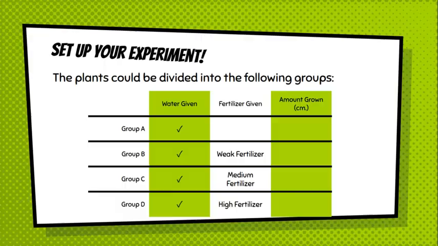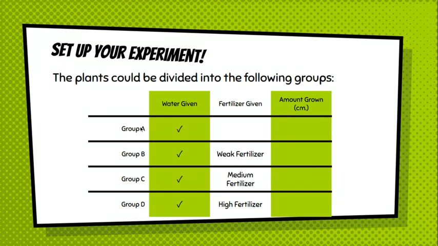Okay? Next up, we are going to start planning the setup of our experiment. So that's when we determine the independent variable, the dependent variable, the control group, the experimental group, etc. So this is a suggestion of how the plants could be divided into groups. Okay, so this person who's actually doing this experiment is going to set it up like this.